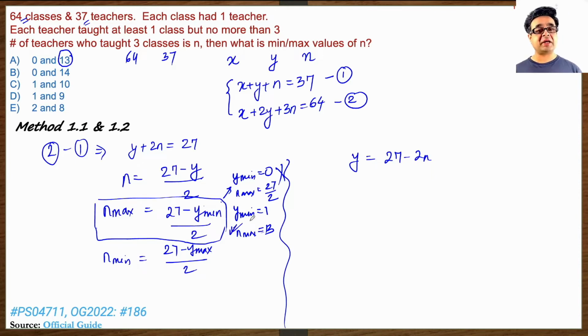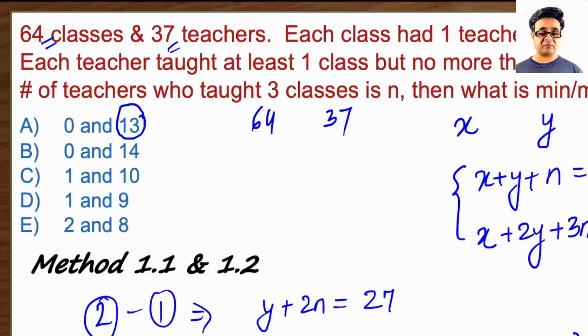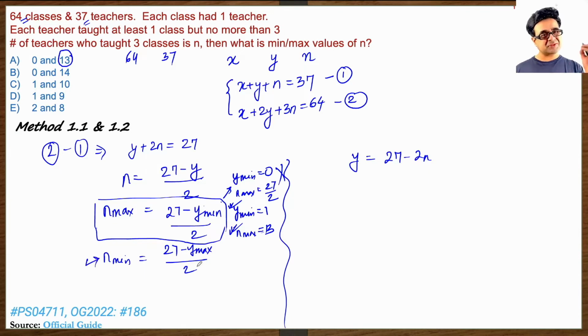So I have figured out n max, and not only n max, I have also figured out y minimum. Now we have to also find n minimum. So for n minimum, we are going to look at this equation. Is there a limit on the maximum number of teachers that can teach 2 classes? The only limit is from the equation itself, because if y max is more than 27, then n minimum would be negative, and you cannot have a negative number of teachers teaching any classes.